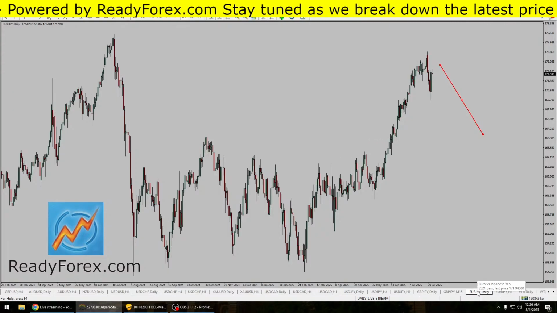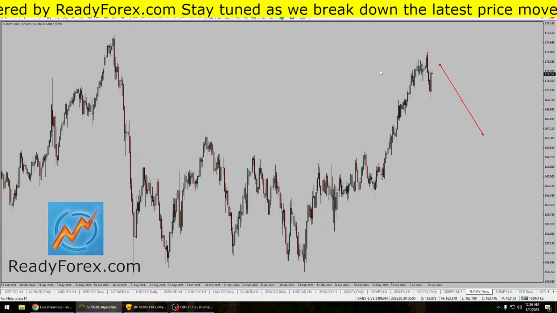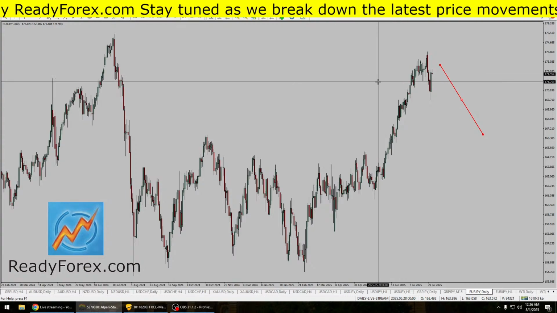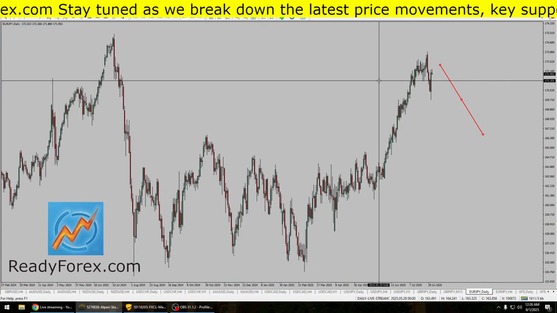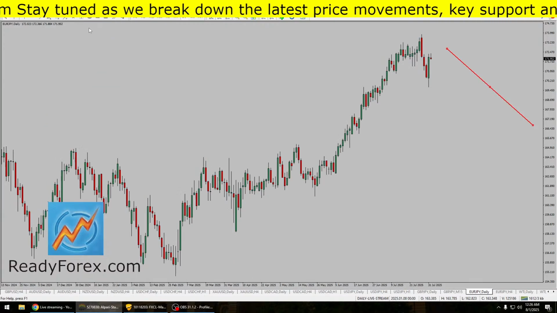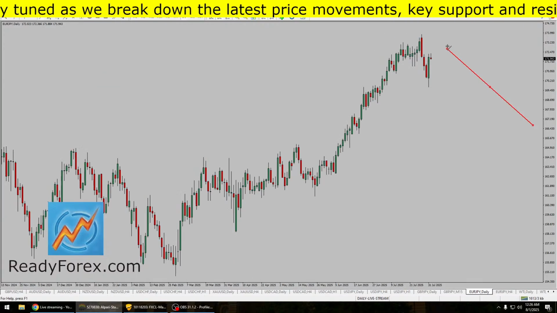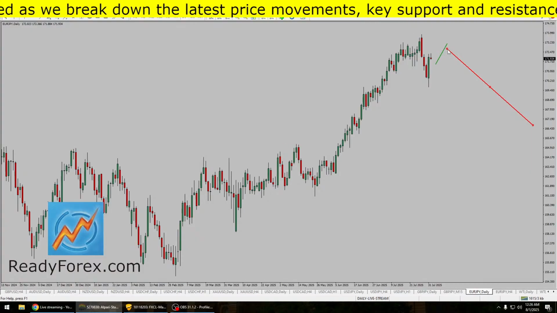Next one is the euro yen. We got this big drop to the downside over here. Now it's quite possible that the market is probably going to rise up more over here.